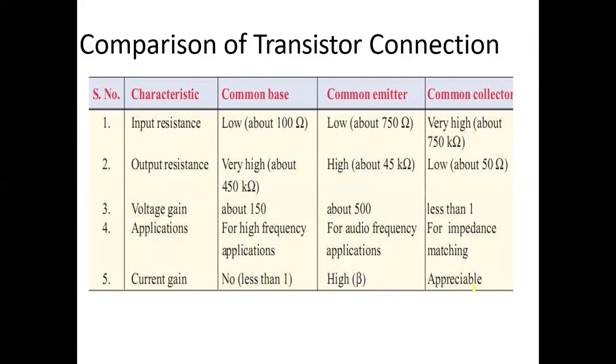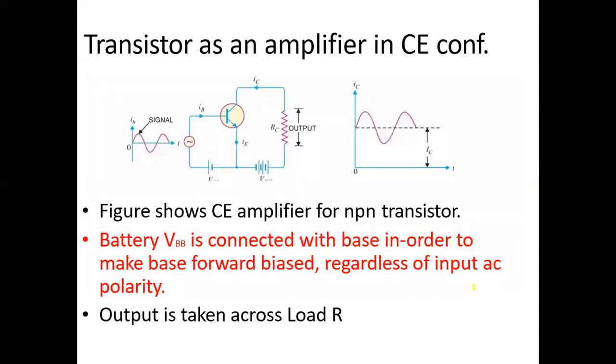The characteristics are input resistance, output resistance, voltage gain, applications, and current gain. All these characteristics were discussed among CB, CC, and CE. And here we can use the transistor as an amplifier in common emitter connection.